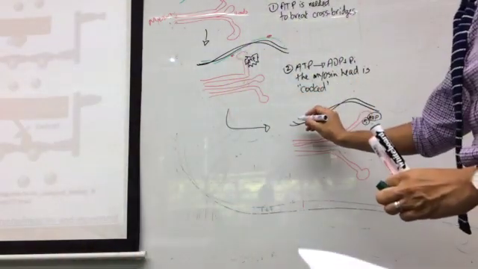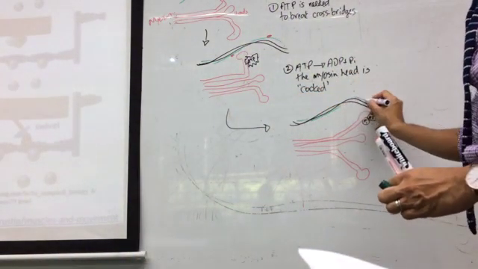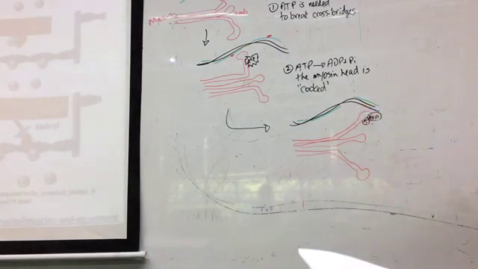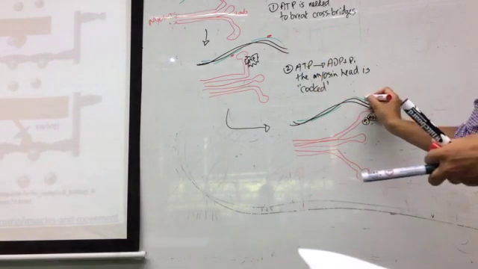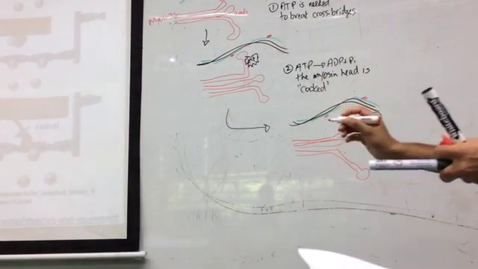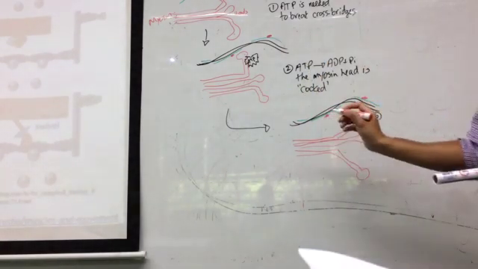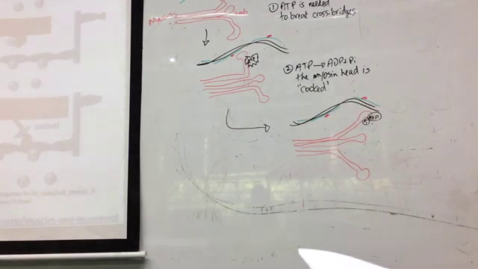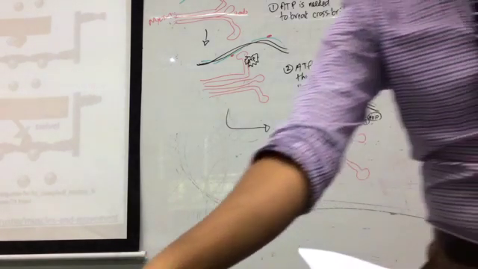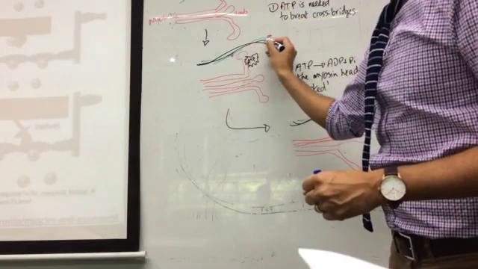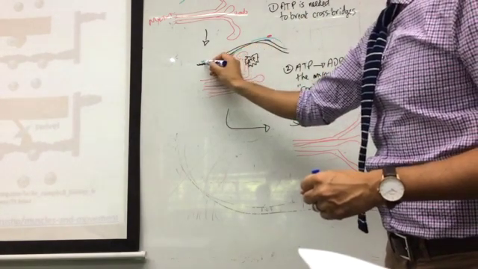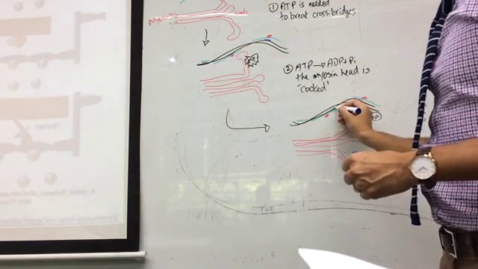Now at this point, I'm intentionally showing that the myosin head is not yet attached to the actin. I'm doing that on purpose, because there's another thing that is required. In blue up here, I was drawing a little patch.